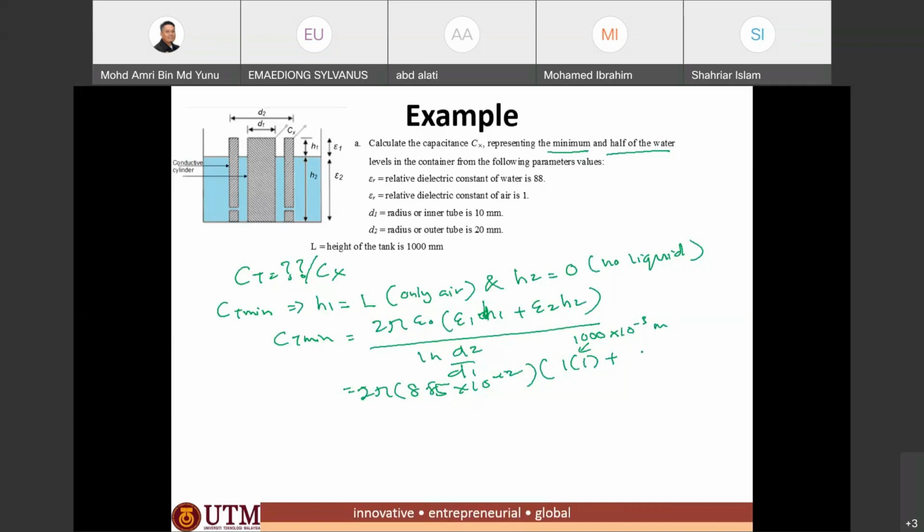Epsilon 2 is supposed to be 88, but H2 is 0 meter. Divide by ln 0.02 over 0.01. So that we get 80.22 picofarad. So that's CT min (80.22 picofarad).